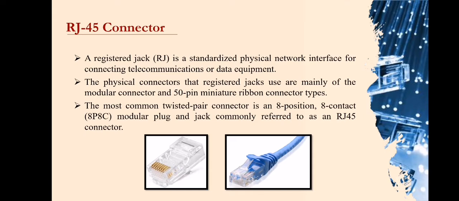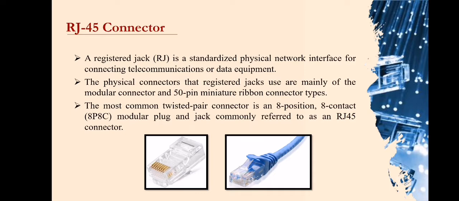Okay, now next is the RJ45. The RJ45 is a type of connector commonly used for Ethernet networks. It looks similar to a telephone jack but is slightly wider or bigger.